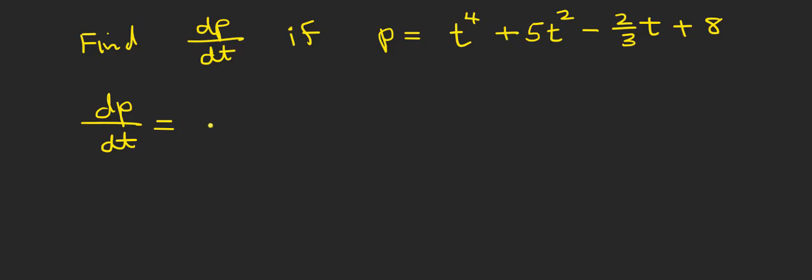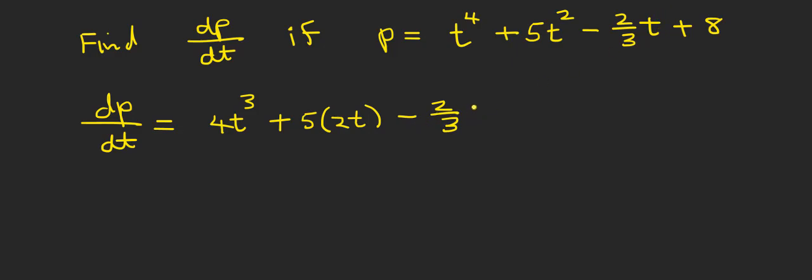So you get, derivative of t to the fourth is 4t to the third. And what will be the derivative of this? That's going to be positive 5 times 2t. And what will be the derivative of that? That's going to be just negative 2/3, because think about it, the n is 1. n is 1 here.